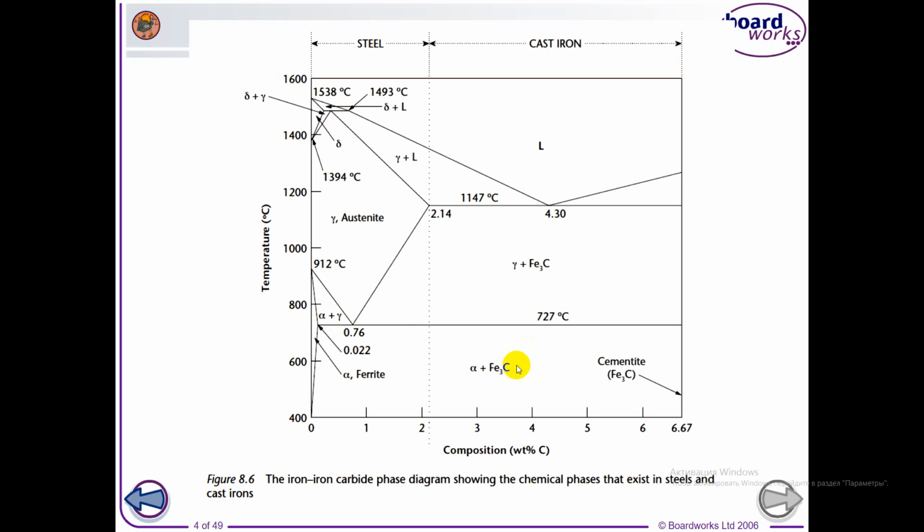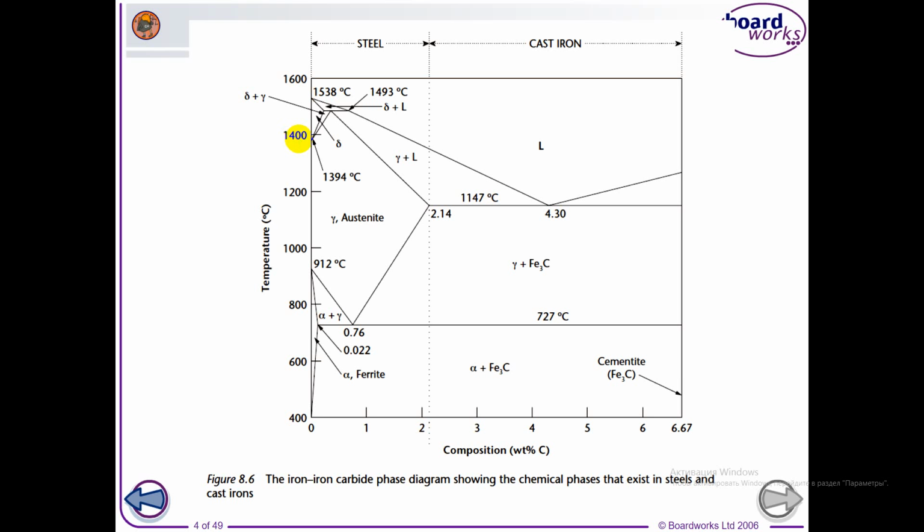And at about 1400 degrees, which has a BCC crystal structure.